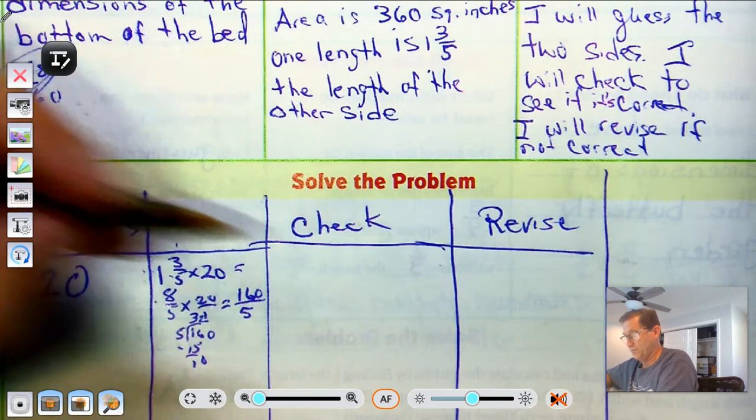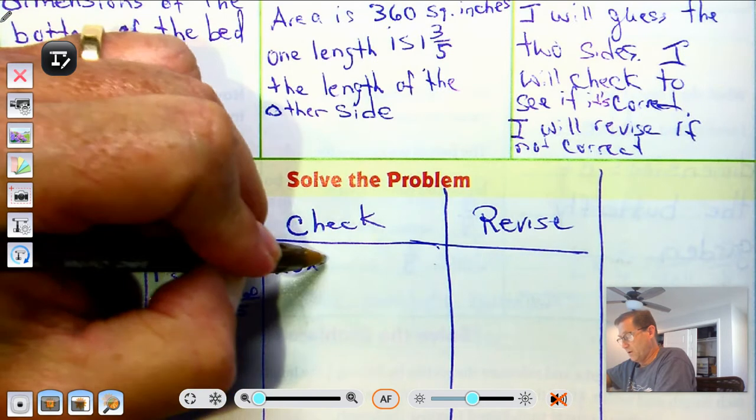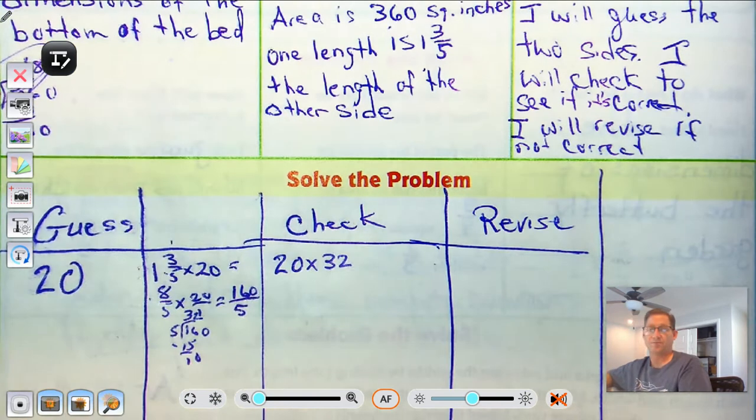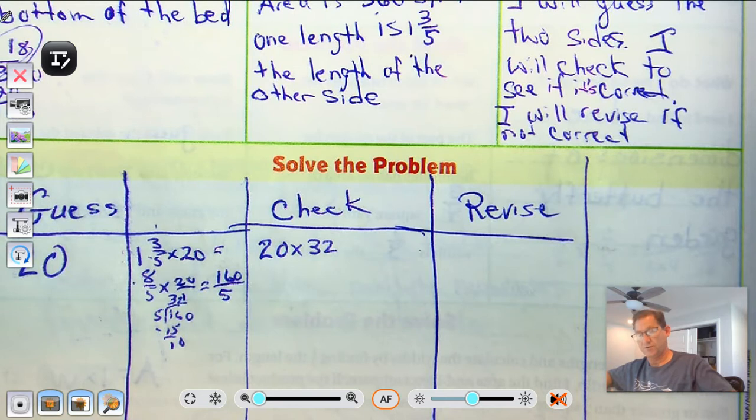We get 32. So our guess is 20 times 32. Well, what is 20 times 32?